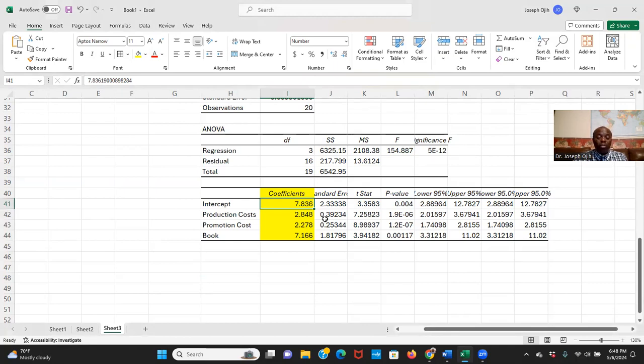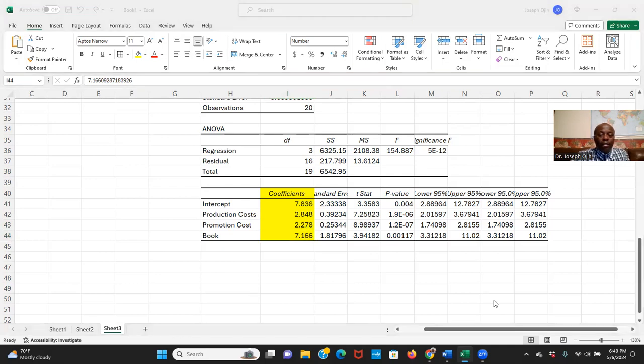B1, which is the production cost coefficient, is 2.848. B2, the promotion cost, is 2.278. And B3 is whether the movie is based on a book or not, a story in the book, 7.166.